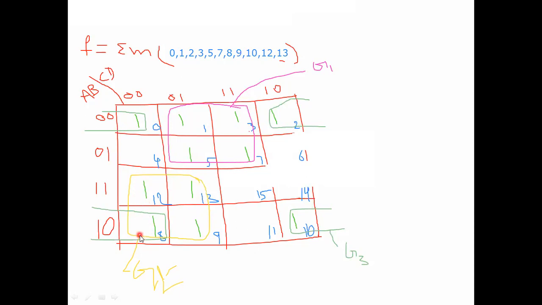So this is group 4. Next, what about this one? This one is only remaining. So in this way, 5 groups. If you group like that, here we are having 5 groups.